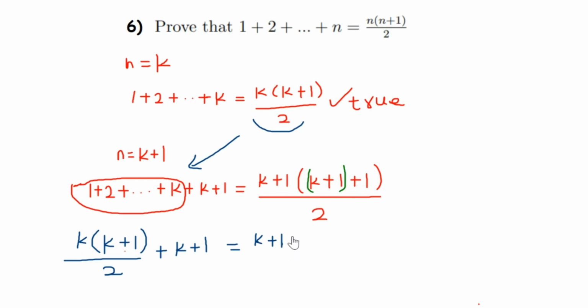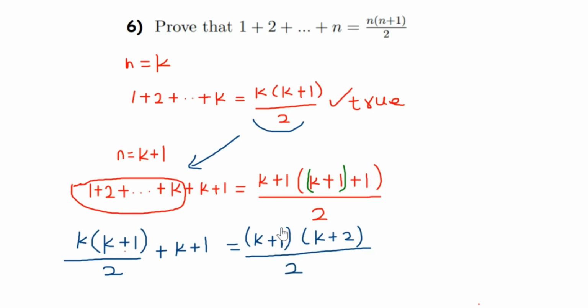So that will be k plus 1 multiplying k plus 2. I added this one and this one, that gave me these 2 here, so I'm multiplying the 2 brackets here, all divided by 2.